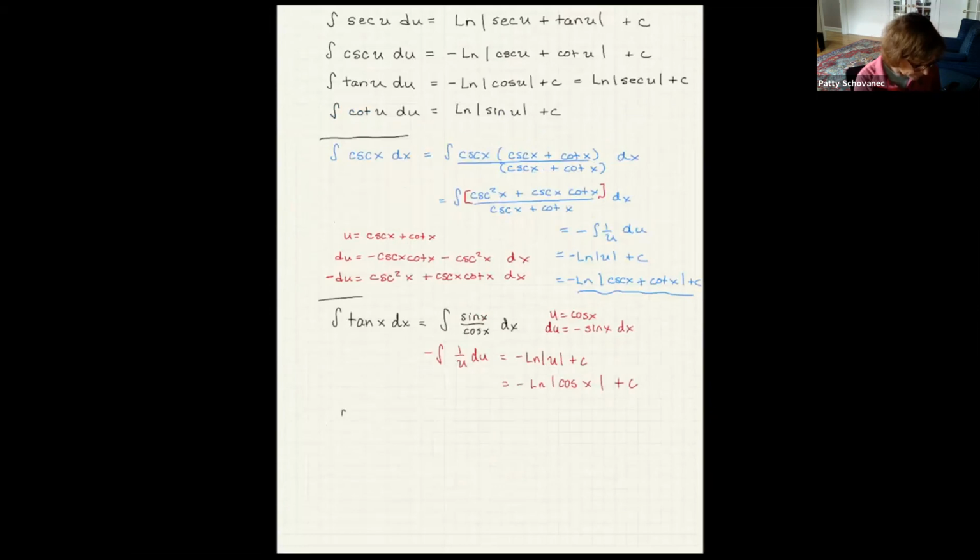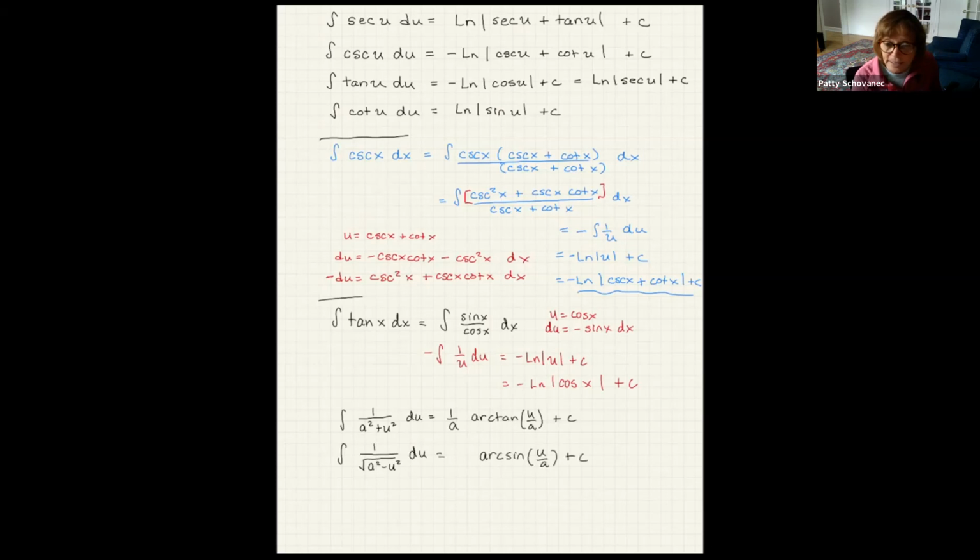The integral of 1 over a squared plus u squared du is the one I just derived, as 1 over a arctangent of u divided by a plus c. The more general form for the inverse sine had a 1 minus u squared. Well, I can have an a squared minus u squared in here. And that one's going to give us an arcsine of u divided by a plus c.